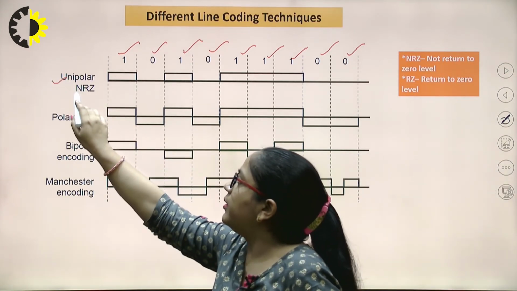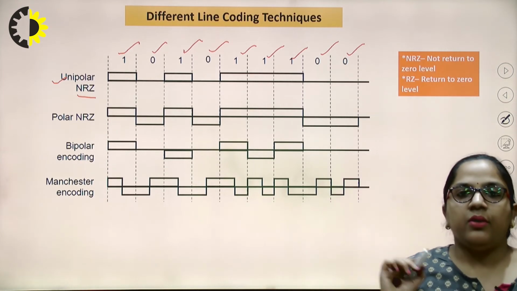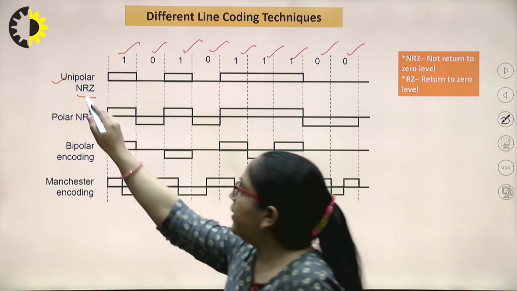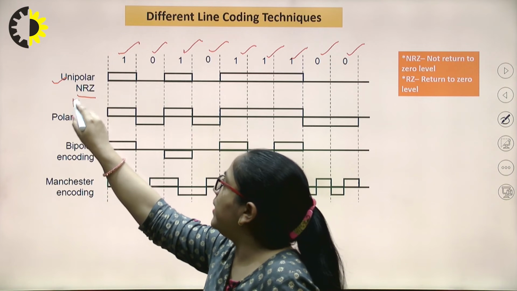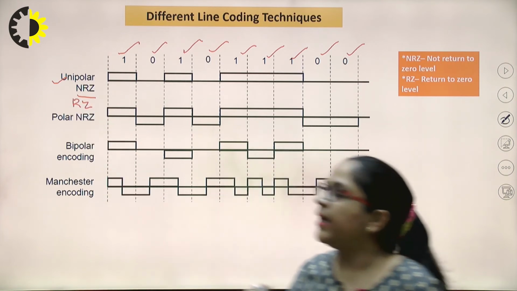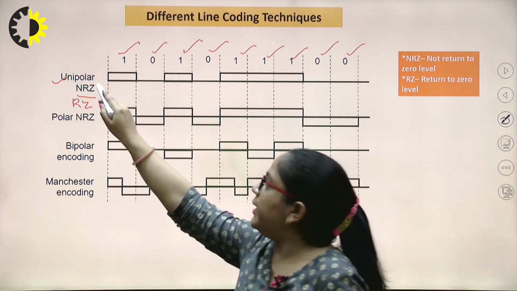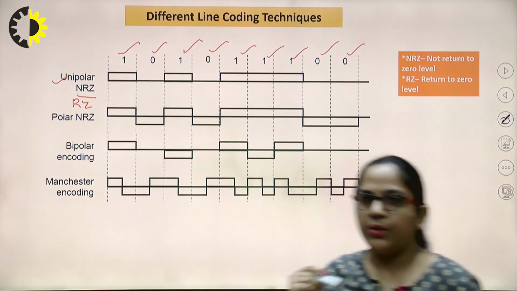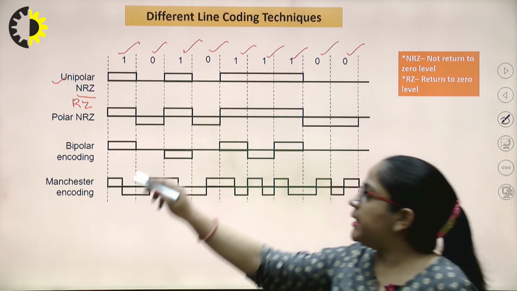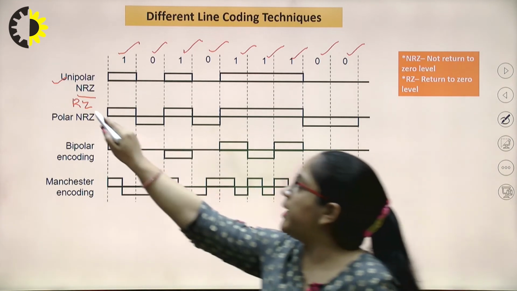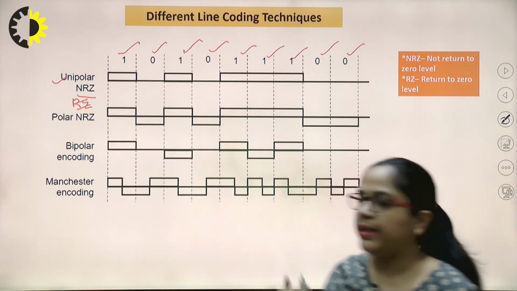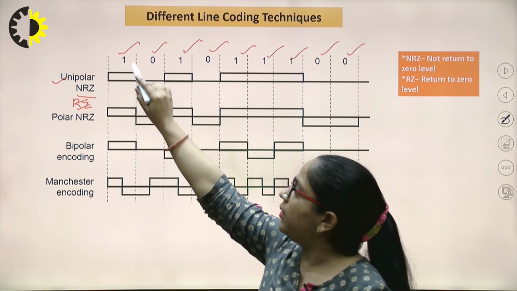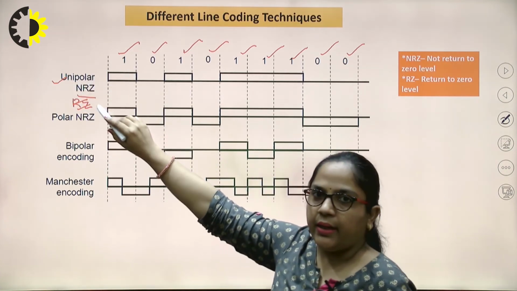Here the term NRZ indicates non-return to 0. If it is simply unipolar, it can be NRZ and it can be RZ also. NRZ indicates non-return to 0 level, RZ indicates return to 0 level. For RZ, I will show in the last. So first we have the unipolar NRZ line coding method. How will we assign voltage level in this particular line coding technique?